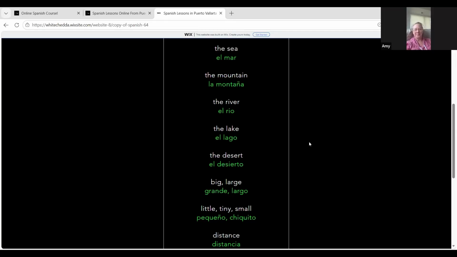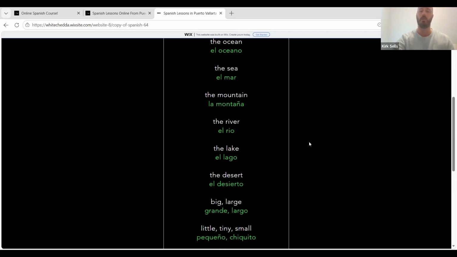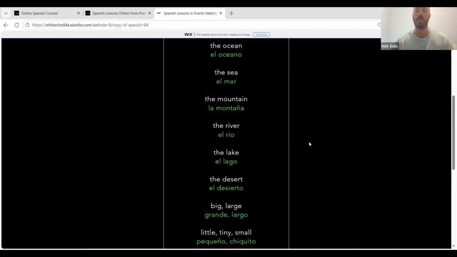El mar. Yeah, and something to note is that oftentimes a Spanish speaker will not use the formal word from above, el océano. They might use the word el mar, even though it technically means the sea, to reference the ocean. So, for instance, on a globe or in a geography class in a Mexican college, of course, they'd say el océano Pacífico.